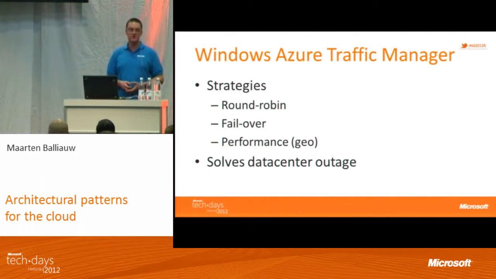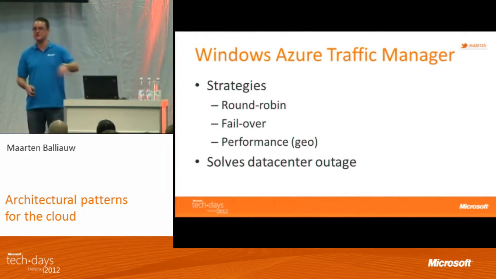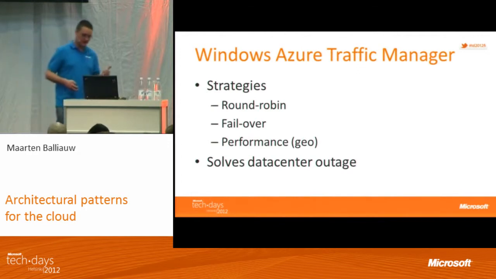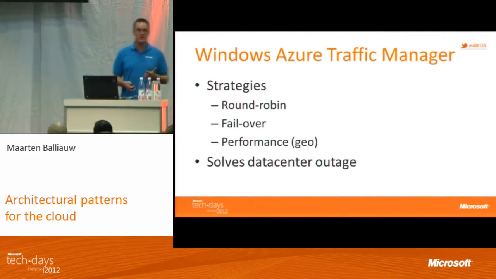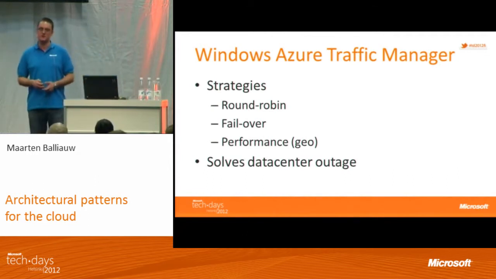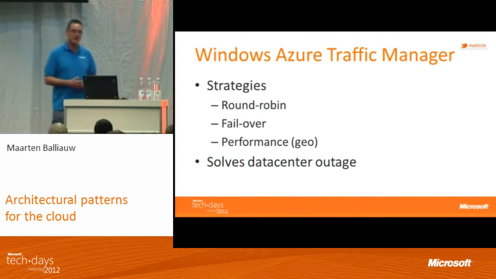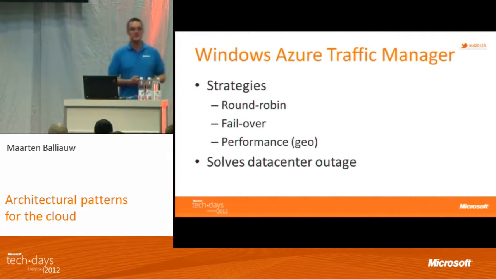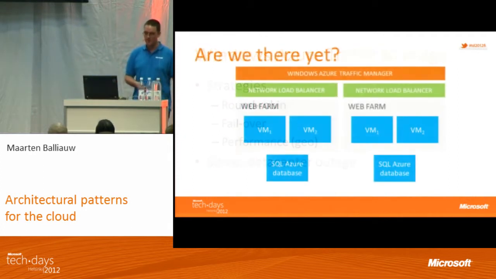And there's the performance setting, which will just distribute traffic according to where your users are coming from. So users from the US will go to a US data center, Europe will go to a European data center. Solves speed and solves the fact when a data center fails. Or when a ship throws out their anchor and they pull a cable from the seabed. Can happen as well. Again, a solution to overcome this kind of problems.